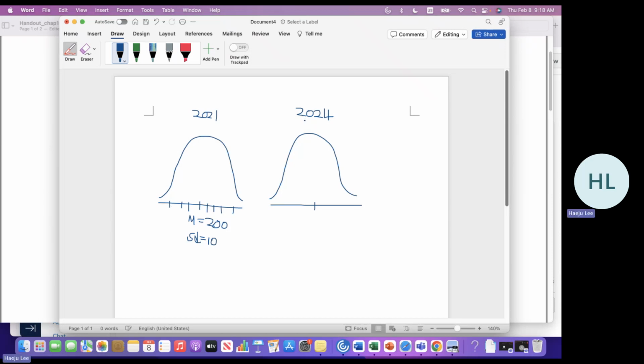And for the math scores for 2024, the mean is 220 and the standard deviation is 20.